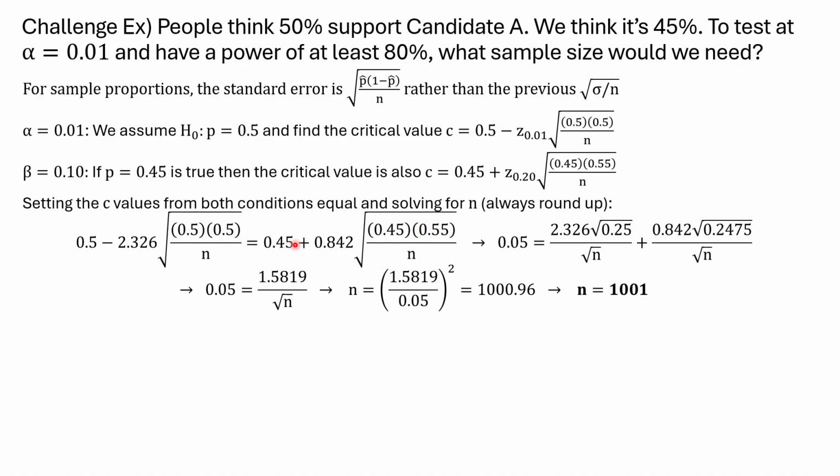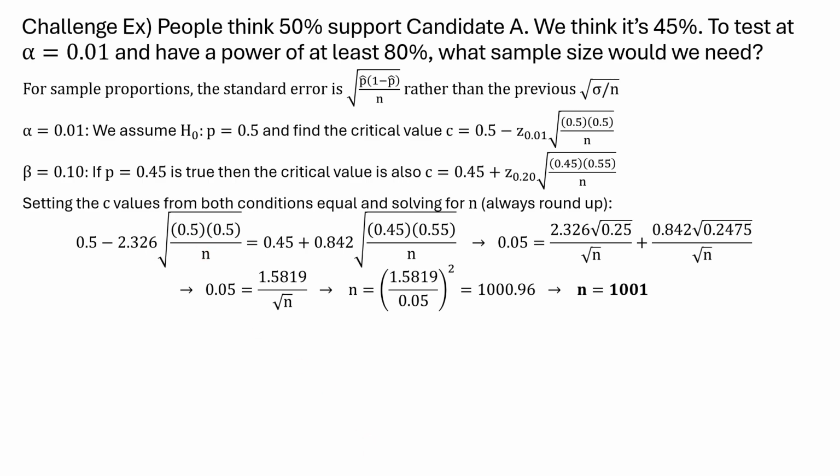Subtracting 0.45 on both sides gives us 0.05 on the left-hand side. Then I'll add 2.326 standard errors for an estimate of 0.5 on both sides. Now 0.5 times 0.5 is 0.25, so I have the square root of 0.25, and then this is still over the square root of n.